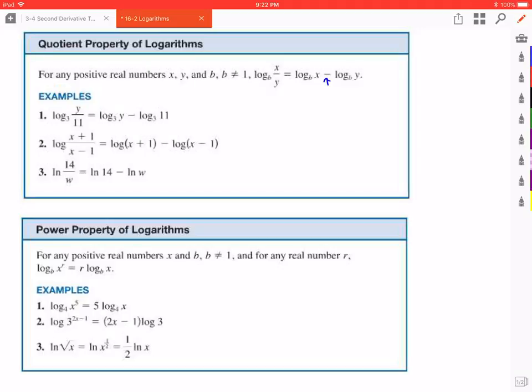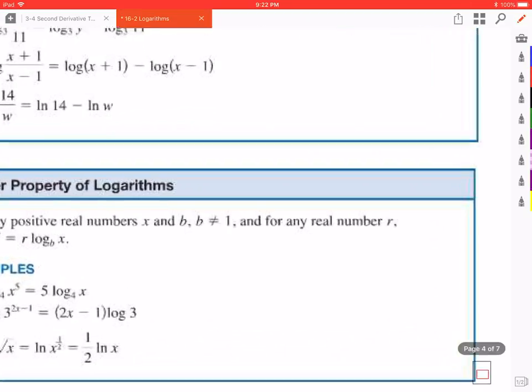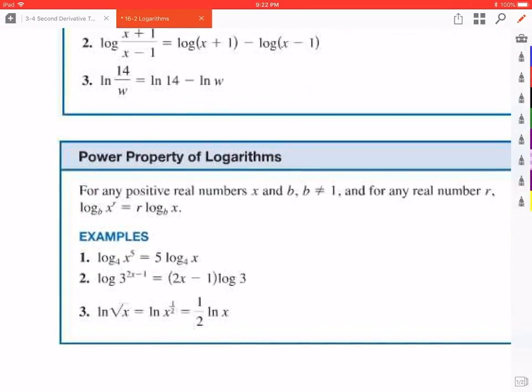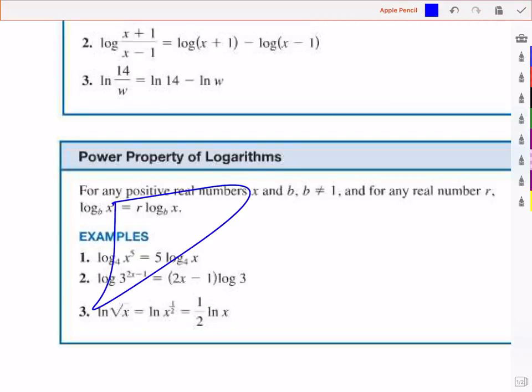Okay, we've got the power property of logarithms. For any positive real numbers x and b, b not equal to 1, and for any real number r, the log base b of x to the r is equal to r log base b of x. So you can take that exponent and move it to the front. If you look at these examples, log base 4 of x to the 5th is 5 log base 4 of x.